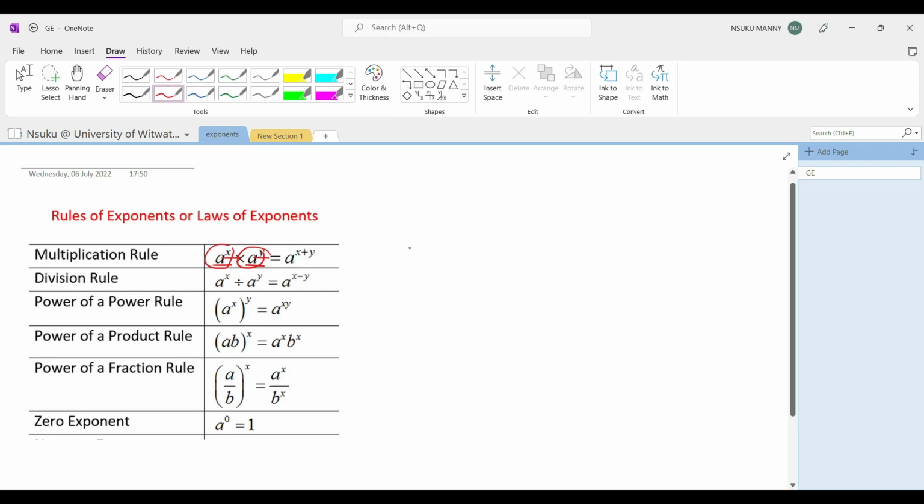So let's just make that a bit more practical, right? So we have 3 to the power of 2 multiplied by 3 to the power of 3, right? So what that means is that we're going to say 3 to the power of 2 plus 3, which is the same as 3 to the power of 5.